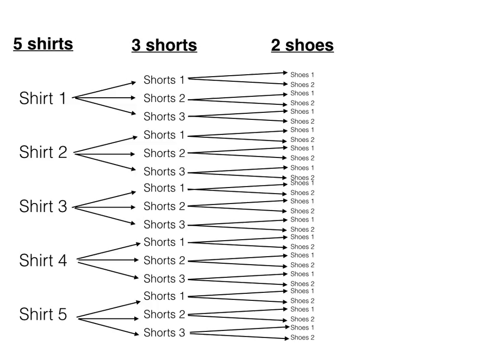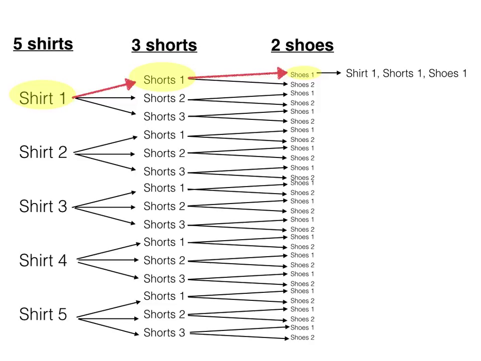So how do you read this? What does this mean? Well, if you look at the very top entry there, that means that we had shirt number 1, shorts number 1, and shoes number 1. How do I know that? Because you can follow the path. Starting here at shirt number 1, follow the path to shorts number 1, follow the path to shoes number 1, and there we are.